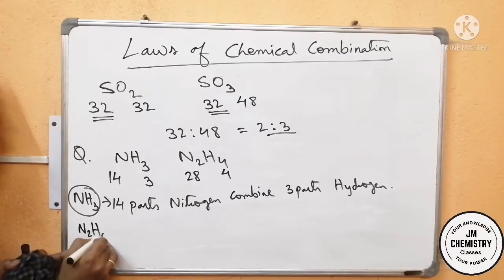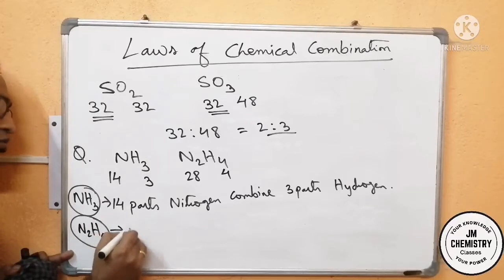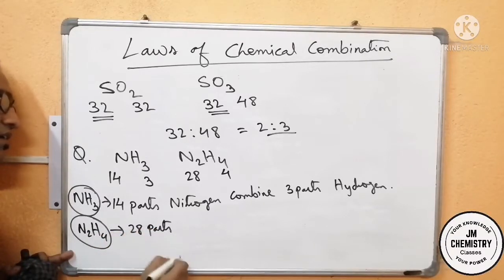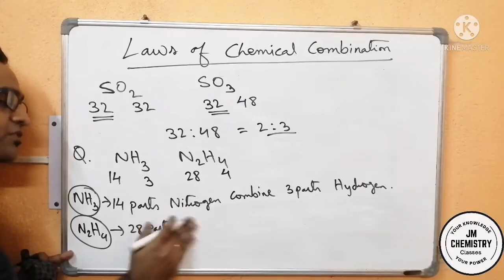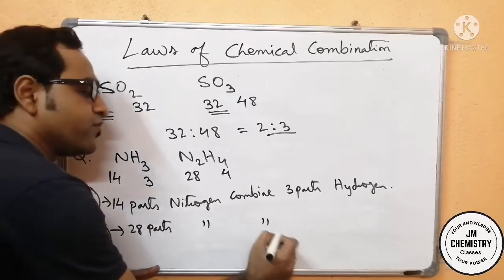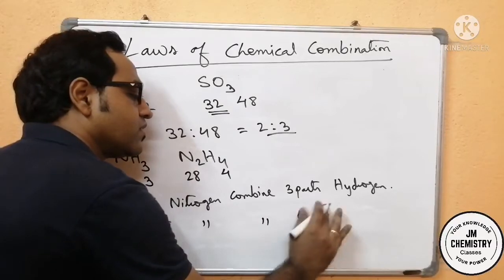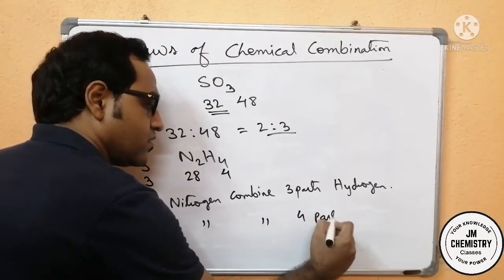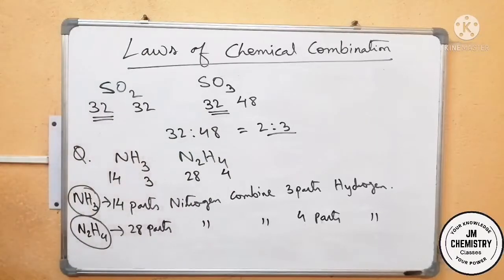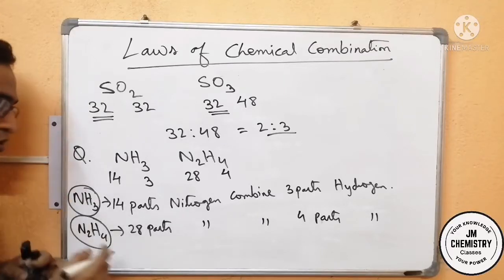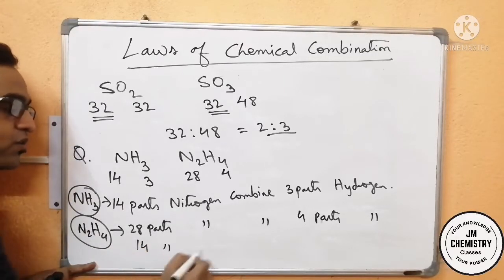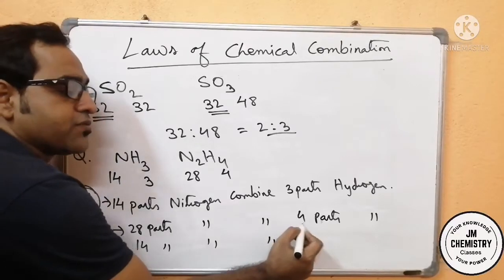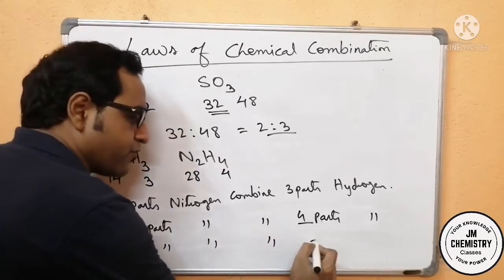For N2H4, it is 28 parts nitrogen combined with 4 parts of hydrogen. If we divide 28 by 2, we get 14 parts of nitrogen, and 4 also is divided by 2, so it forms 2 parts.